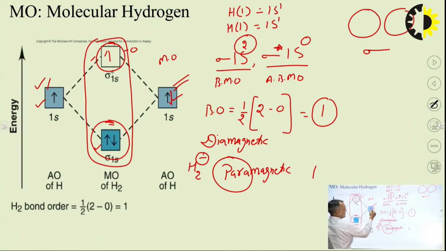So whether you add the electron here or here, it doesn't affect the overlapping. And this sign is a representation that the energy of this is lower, while the energy of this is very high.